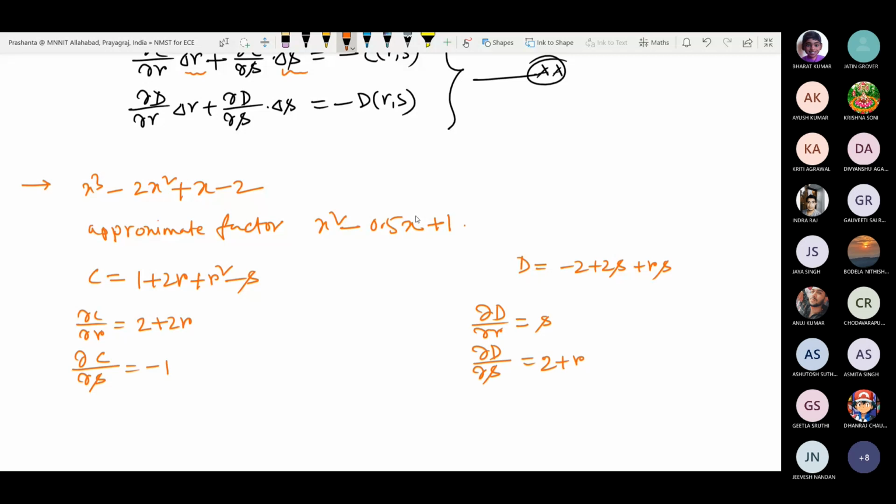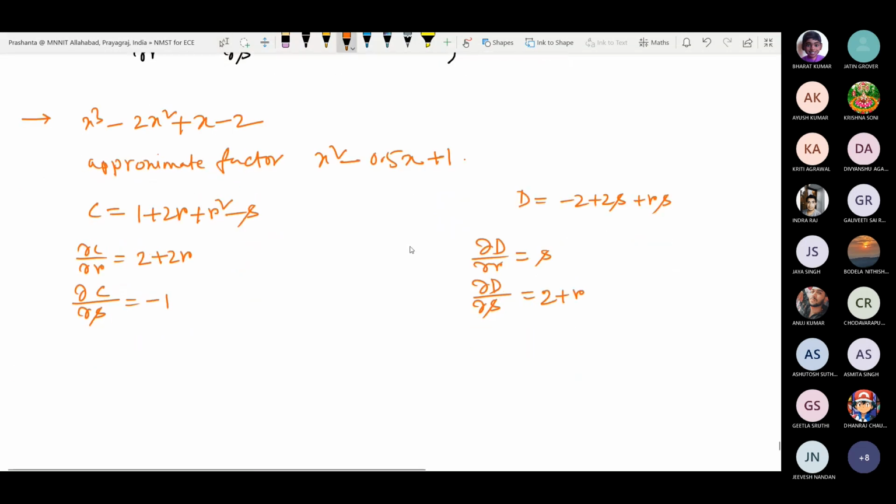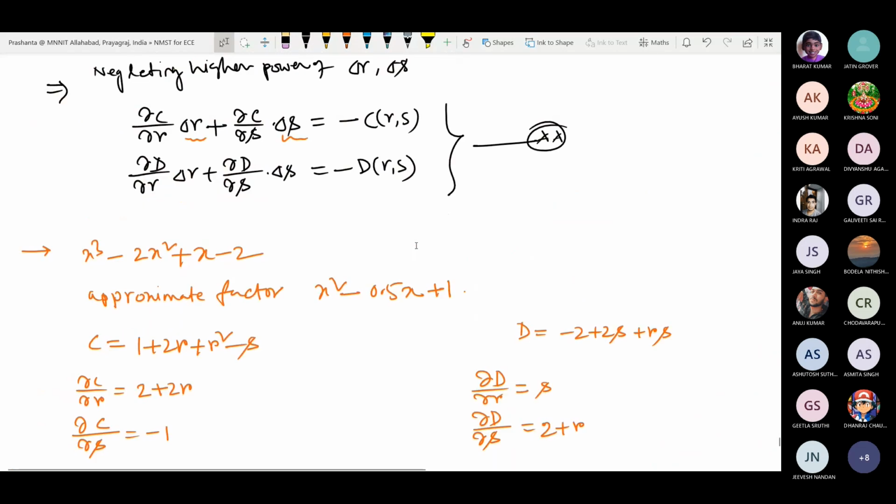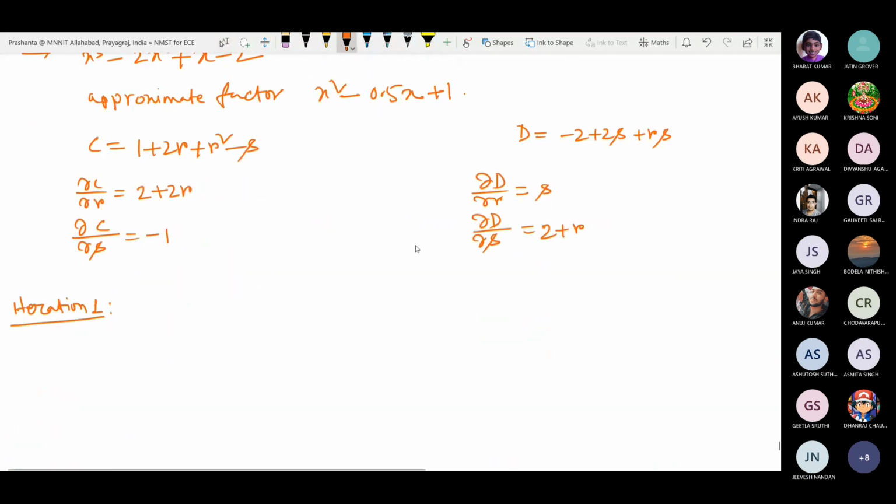So from double star the equations are, iteration 1. From double star, what are you getting? Delta R into del C by del R. So what is del C by del R? 2 plus 2R, and you have to evaluate it at the initial guess, R equals minus 0.5 and S equals 1.